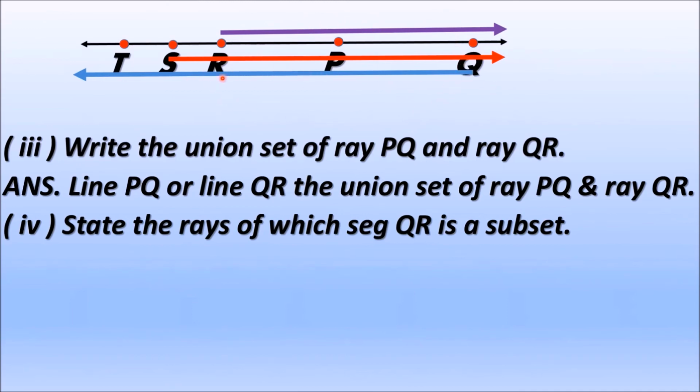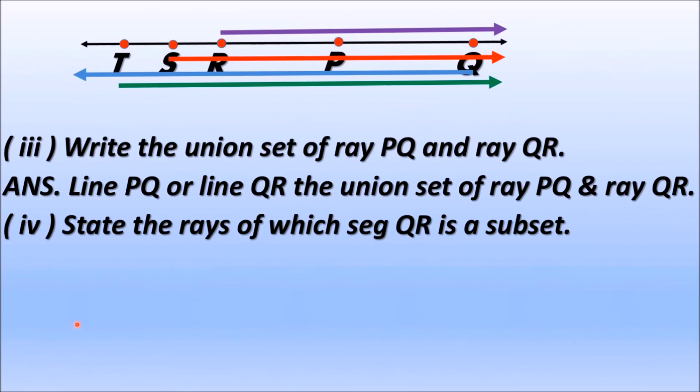Therefore QR is a subset of ray QT also. We have another ray TQ, and QR is a part of this ray also. Therefore QR is a subset of ray TQ.